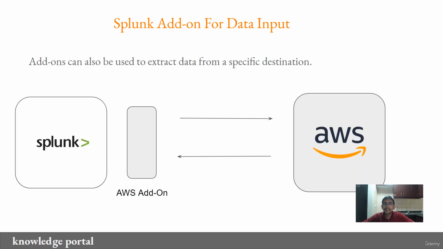As we were discussing in the earlier video, the overall architecture looks something like this. You have Splunk, you install the Splunk add-on for Amazon Web Services, and within this add-on, you configure the credentials for your AWS account. The add-on will connect to the AWS account using your credentials, and it will fetch the required logs and the data that you ask the add-on to fetch.